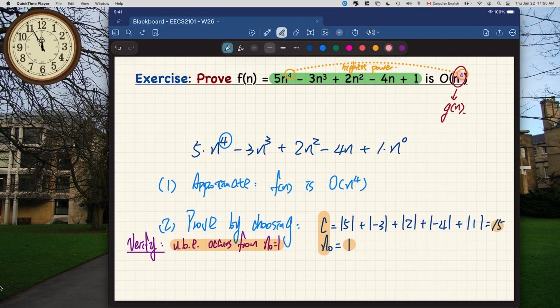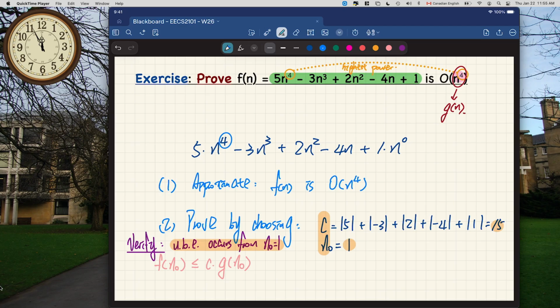You can say f of n0 should be less than or equal to the c we have chosen multiplied by g of n0. Since this is the very first time you're trying to verify, I just try to give you one more step to start with, right? Once you get more comfortable, you don't necessarily have to start with this. But before you get comfortable, this is worth writing.